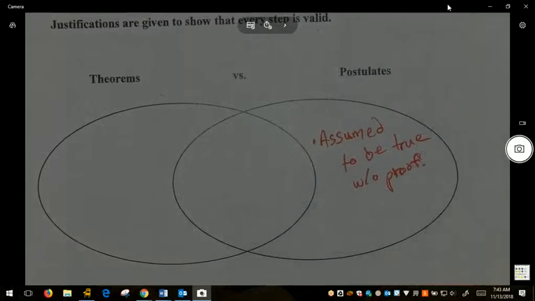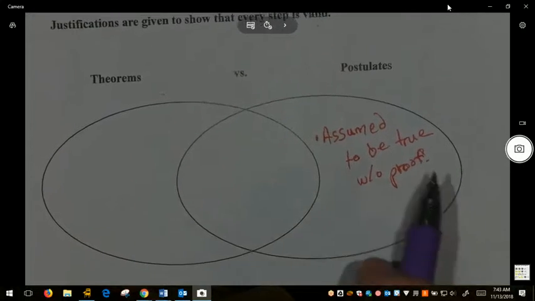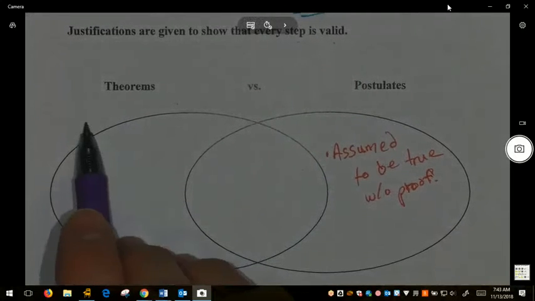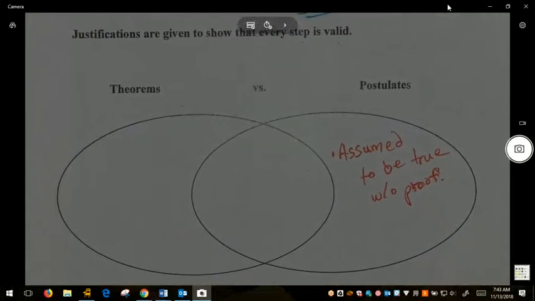Not because Euclid felt lazy, but because, especially with our undefined terms of point, line, and plane, there was nothing that we could really prove those things with other than to look at a million examples and everyone agree that this holds true. But based on some of those things, we were able to prove other statements that we wanted to make.